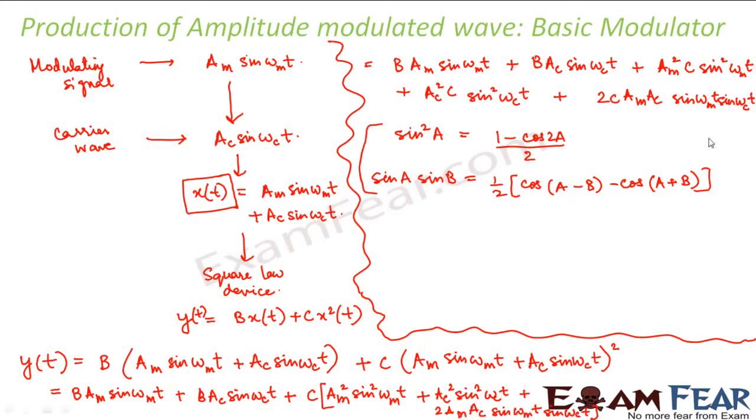We will make use of these two formulas. In sine square omega m t and sine square omega c t, we can make use of the formula for sine square a. And for sine omega m t sine omega c t, we can make use of sine a sine b. So now we will do the same.